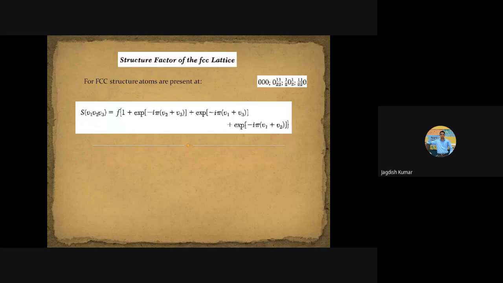Have you done this? What happens in this? There is such a relationship. Homework to you, Harish. Have you done the homework?